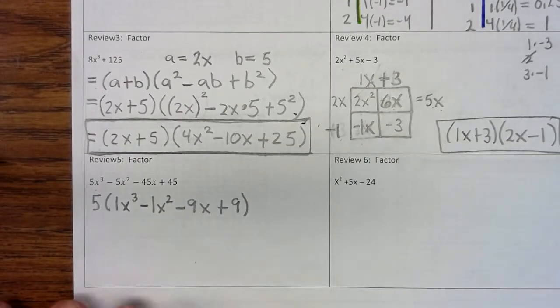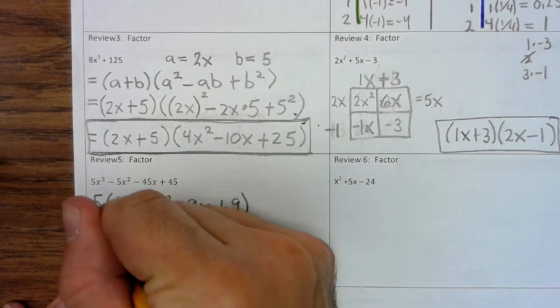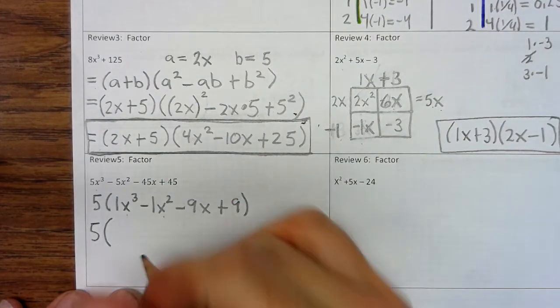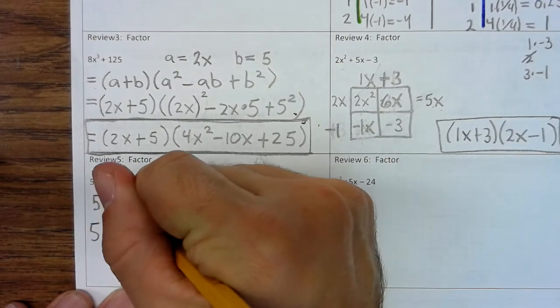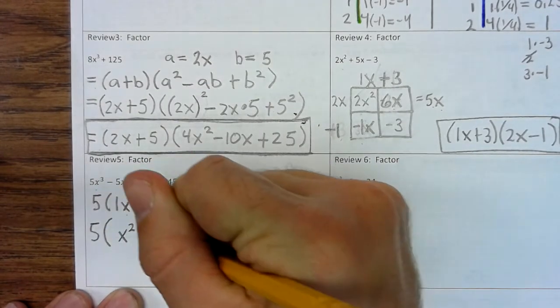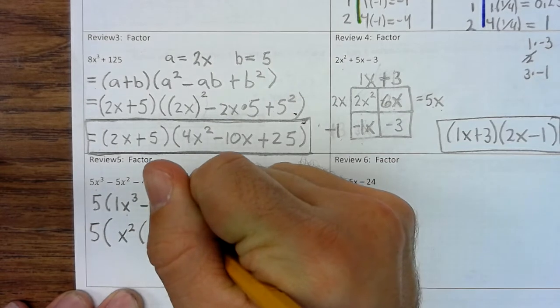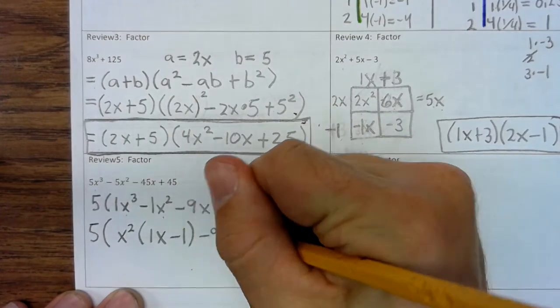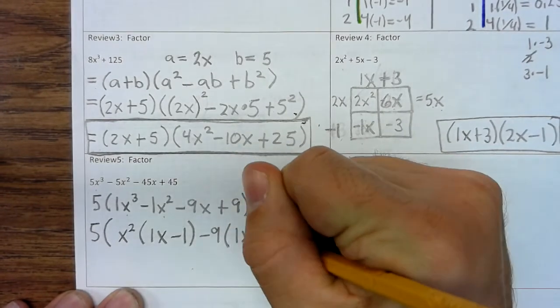All right, so now we're not going to worry about the 5. Now we look at it: we can factor out an x squared, which leaves 1x minus 1. And then it looks like we can factor out a negative 9, which leaves 1x minus 1.